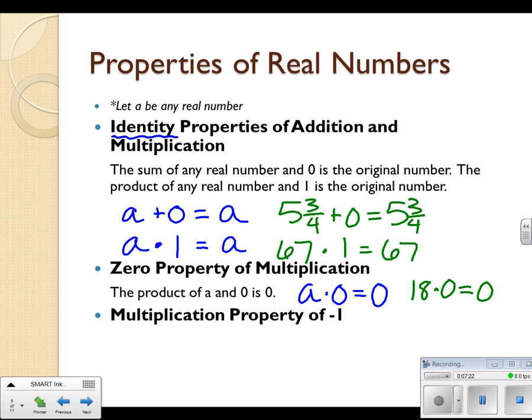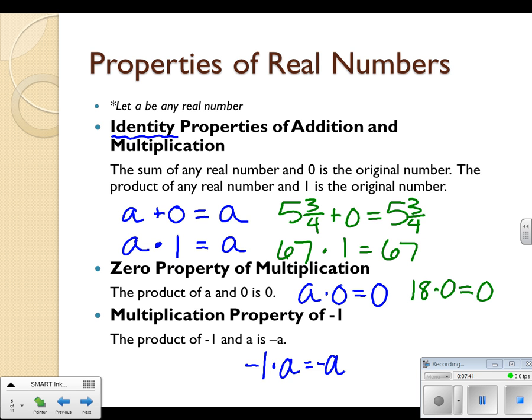And the final property we're looking at is the multiplication property of -1, which states the product of -1 and a real number A is the opposite of A. So whenever we take -1 and multiply it by any real number, it's the opposite of that real number.